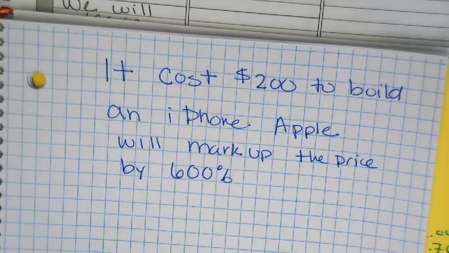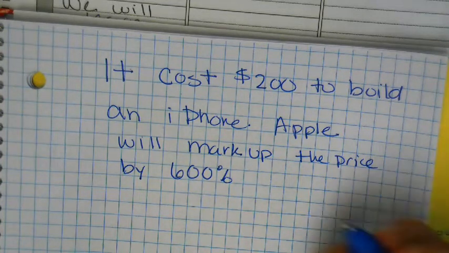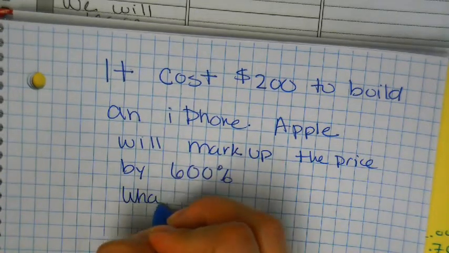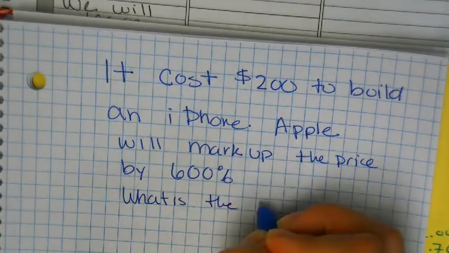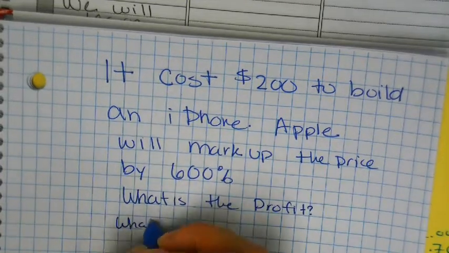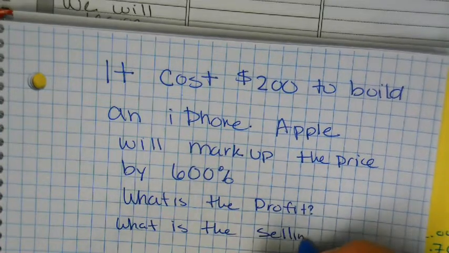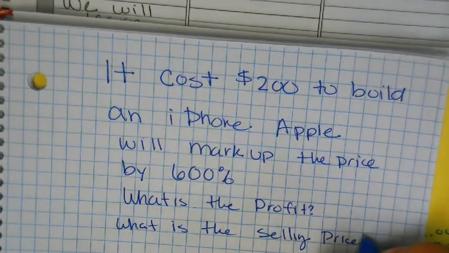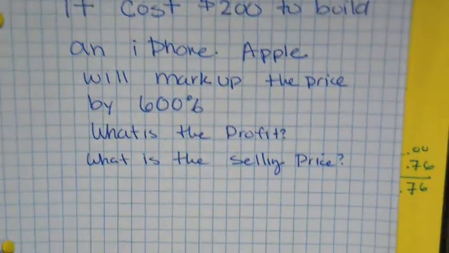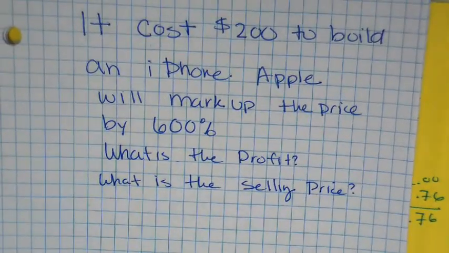Now with markups, you're going to be dealing with big percents, outrageous percents. What is the profit? That's the first question. And then what is the selling price? Like, how much am I going to sell this iPhone, let's pretend, to Diego? Okay?